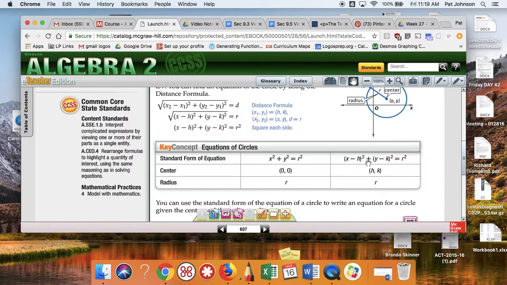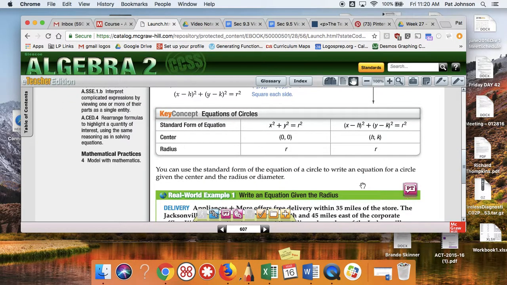And you notice they're both minuses, the h's and the k's. So the center now is going to be your h, k, and your radius is still the square root of r squared, which is r. Like in parabolas, this is what we call the standard form equation of a circle.